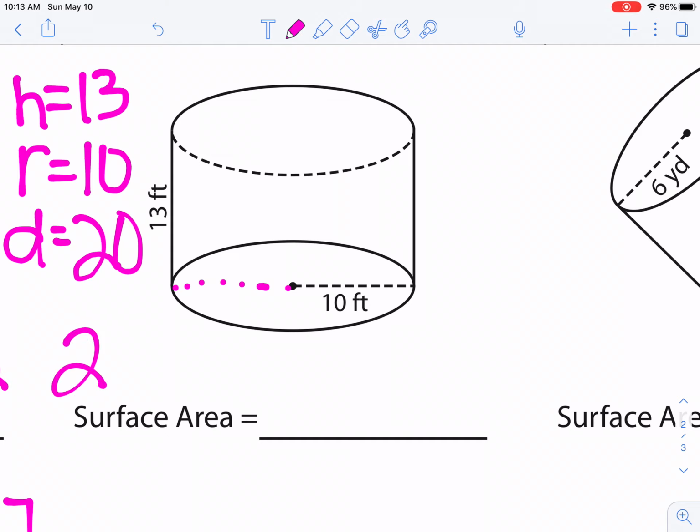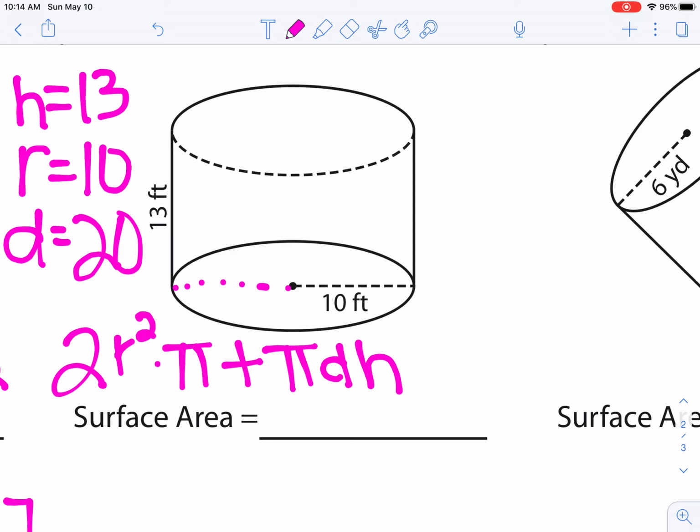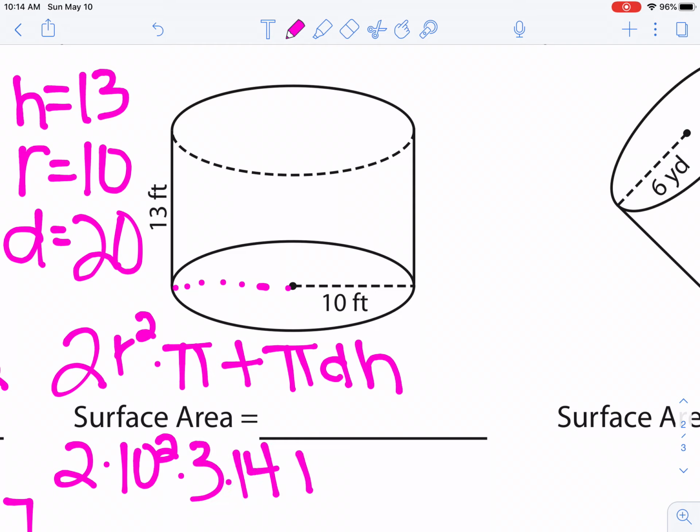It's 2 times the radius squared times pi plus pi times the diameter times the height.